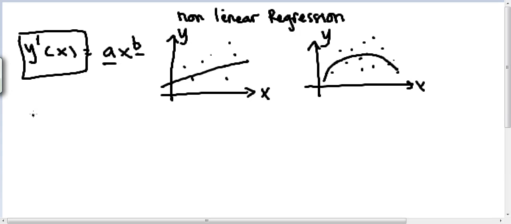How to do that? How to find the optimum A and B?